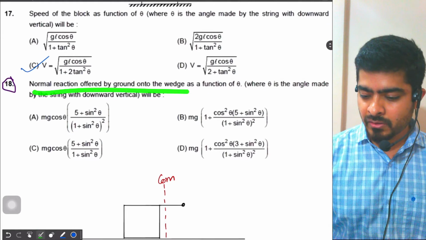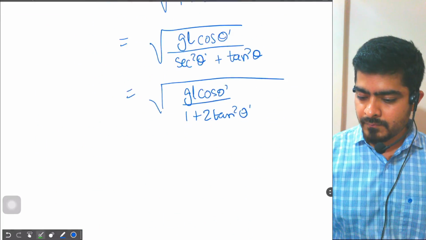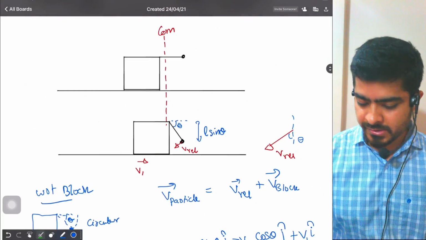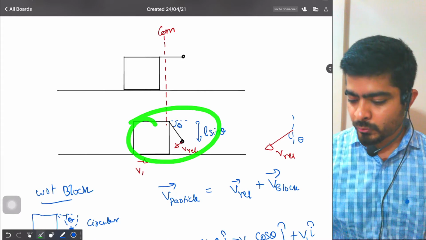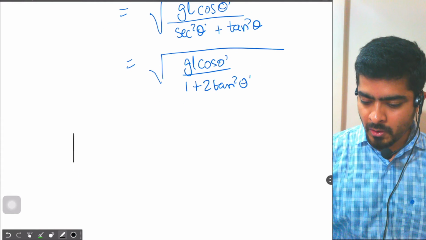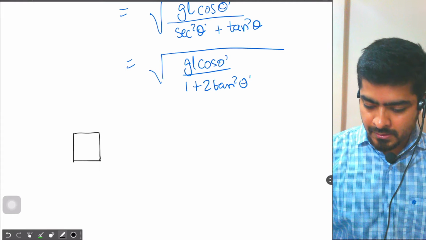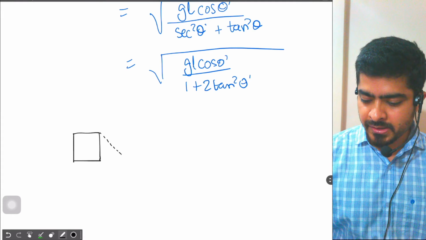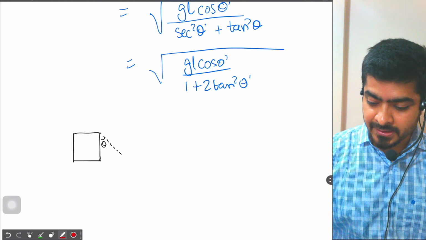Now they are asking what is the normal reaction offered by the ground onto the wedge. So let's come back to the system over here. In this position we draw the FBD of the two. First of all we draw the FBD of the block. For the block, the string is in this position and this is the angle theta dash.